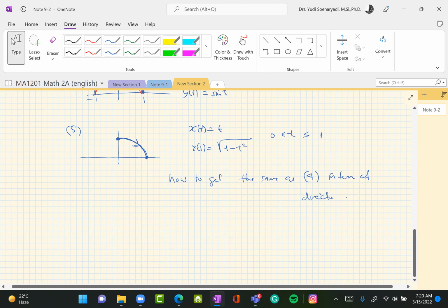Okay, maybe we should use this one. Because we start with 1, right? So it should be 1 minus t. Equals 0, 1, and then here, so 1 minus t.